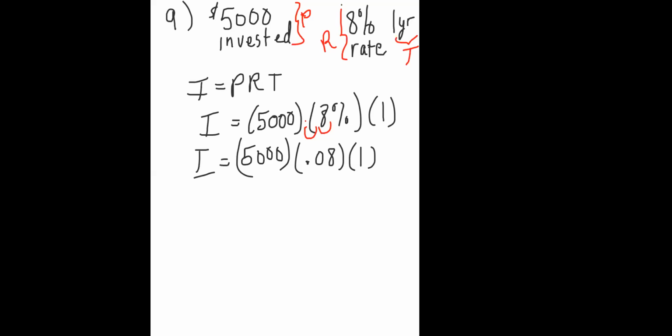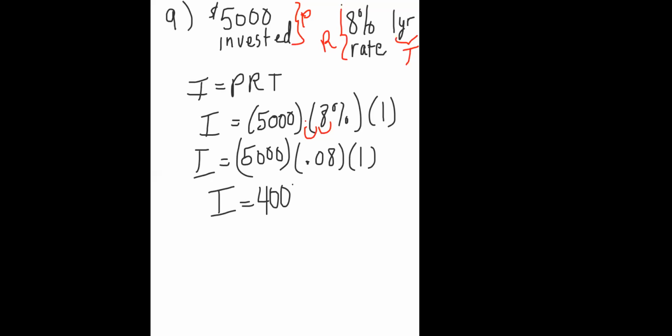Okay, so 5,000 times 0.08 is, I believe, 400, right? Which times 1 is, of course, 400.